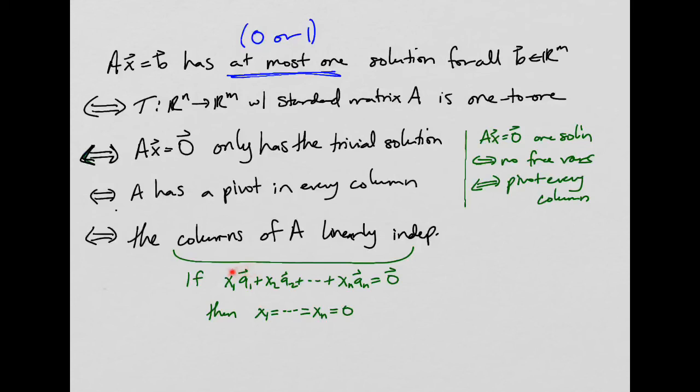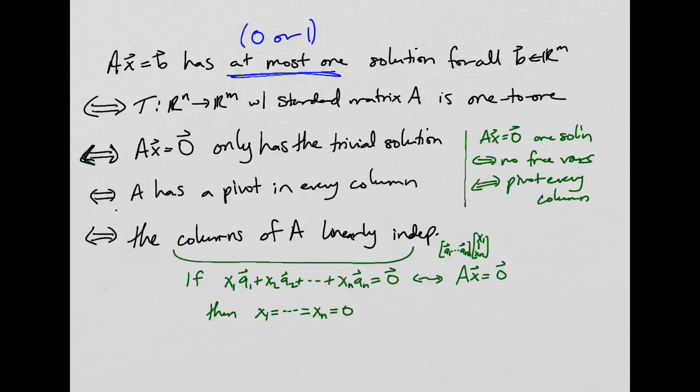Now, if I look at the left-hand side here, I have this linear combination. This I can rewrite as a matrix equation. It's the same thing as saying A times X equals 0. And again, A is the matrix whose columns are A1 to AN, and X is a vector whose entries are X1 to XN.